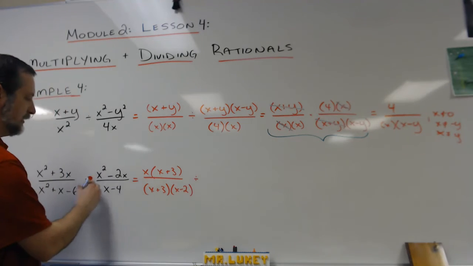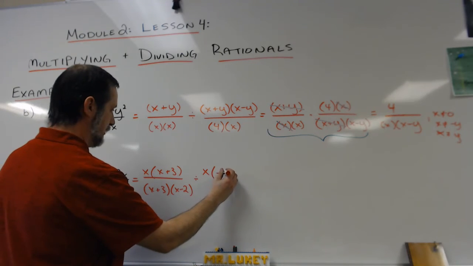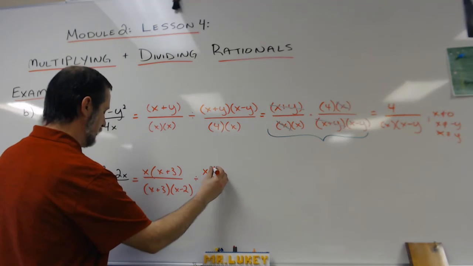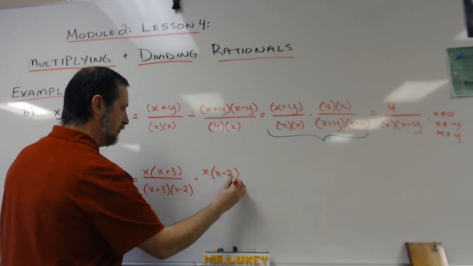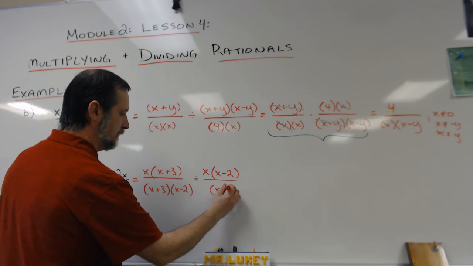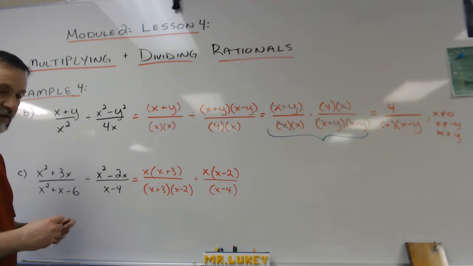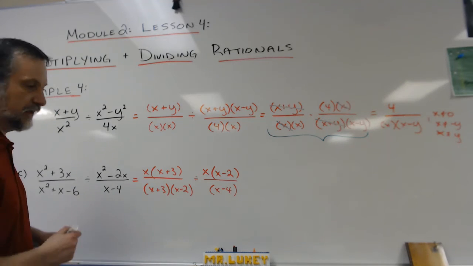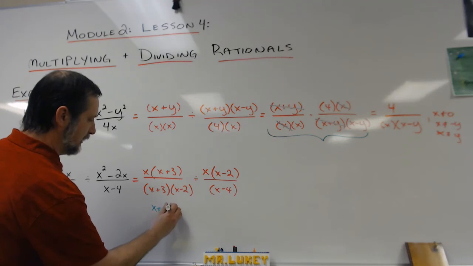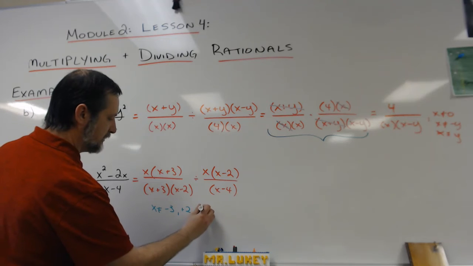Divided by x squared minus 2x, again it's going to become x times x minus 2, and over x minus 4. So again, non-permissible values. The sooner you cover them, the better you are. So x cannot equal negative 3, plus 2, or plus 4.